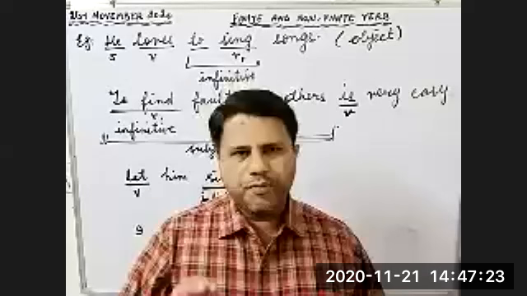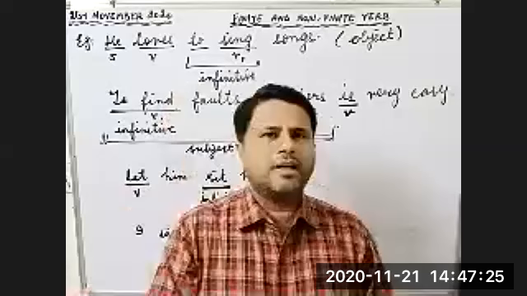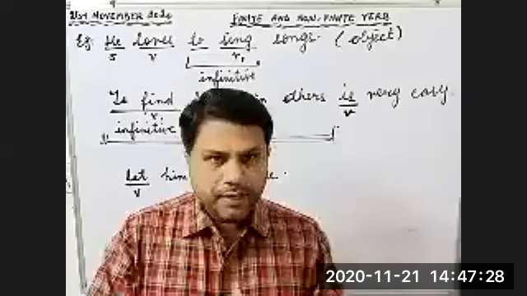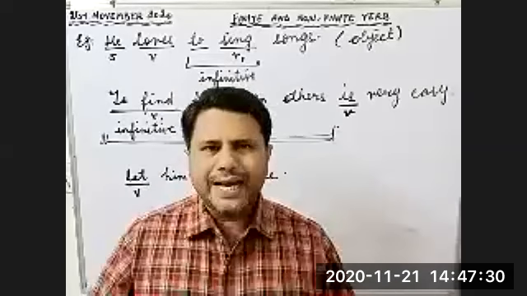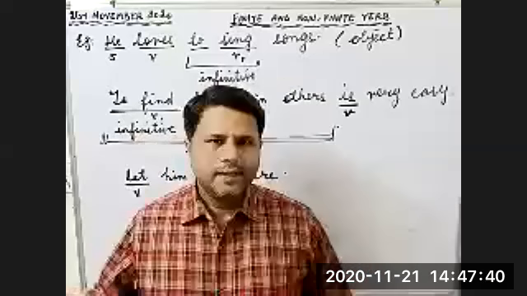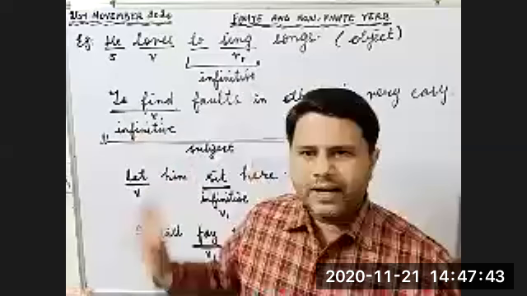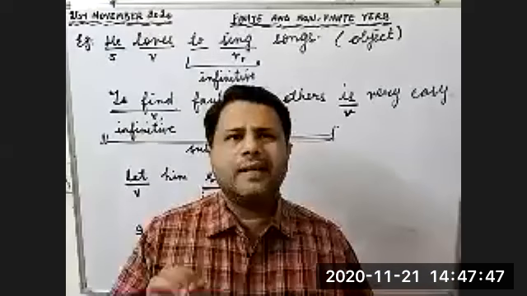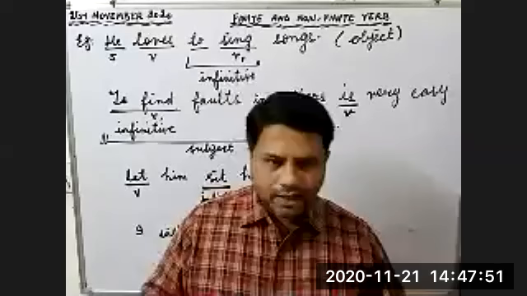Now we are moving towards the different types of infinitives. In different types of infinitive, we have two types, to infinitive and bare infinitive. Now we are going to start with to infinitive. We will see where we use to infinitive. Children, in this topic we have already discussed the meaning of to infinitive and bare infinitive.